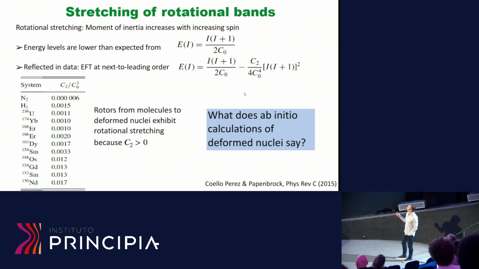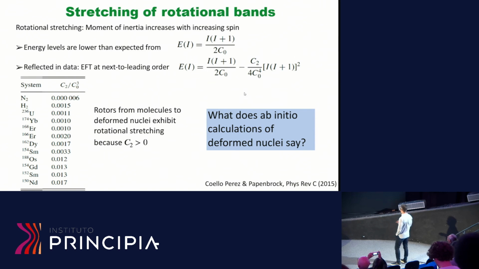In effective field theory, you can go to next-to-leading order and have this correction term, where the C2 parameter extracted from data is always positive, which means the higher spin states have a larger moment of inertia, which also increases with spin.